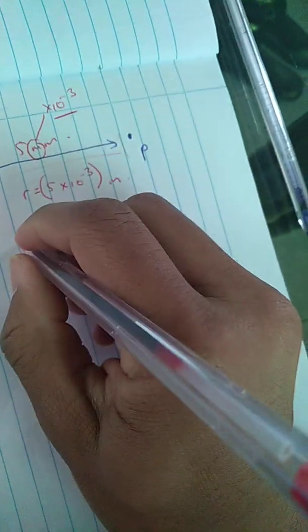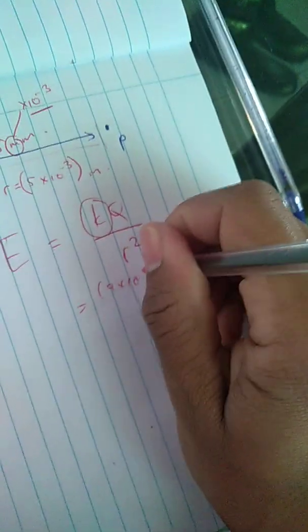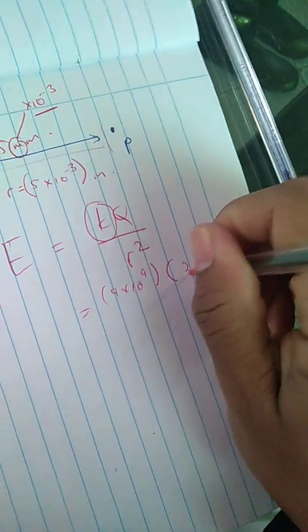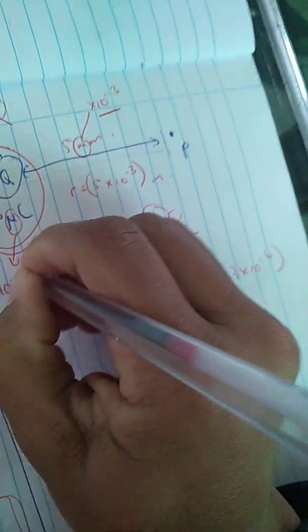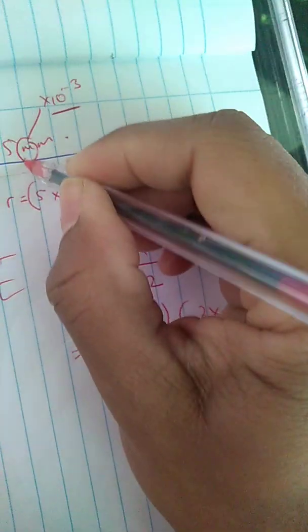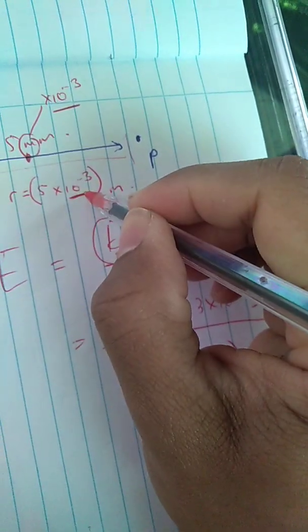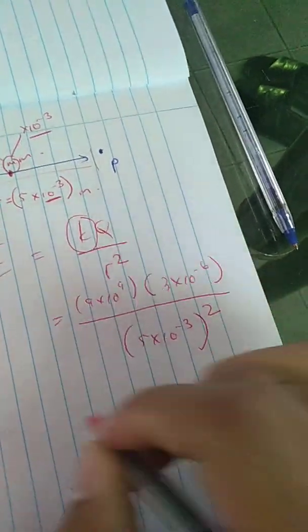So if we have Q and r, we can use this formula. k is a constant on your formula sheet, so that's 9 times 10 to the power 9. Q is 3 times 10 to the negative 6, because micro is 10 to the negative 6. And r is 5 times 10 to the negative 3, to the power of 2.